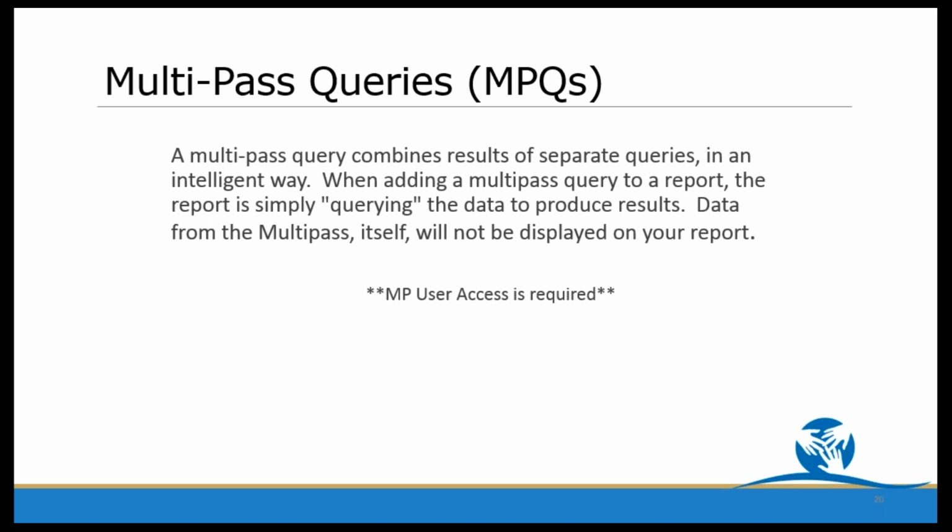So we're going to go ahead and talk about multipath queries, everybody's favorite word. What a multipath query is, it takes information that you're looking for. For instance, let's say I want to run a report for all of my patients that are coming in that either had or had not had an A1C in the last 3 months.